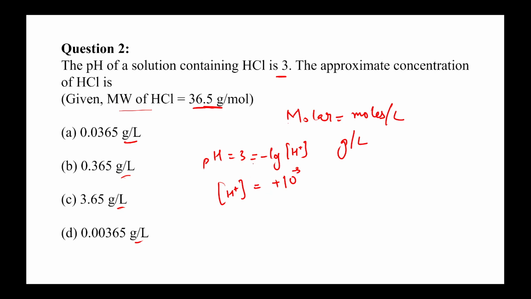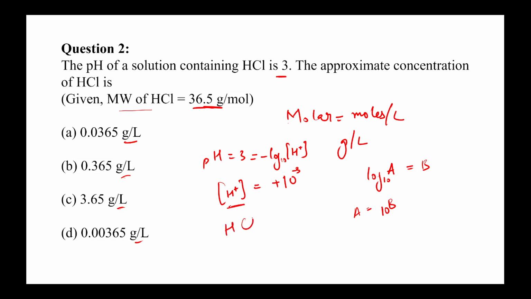Okay, so if you have log base 10 of A equal to B, you can also write it in the form that A is equal to 10 raised to the power B. Since this is minus log H plus ion concentration, this will become minus 3 and then 10 raised to the power of minus 3. So we found the H plus ion concentration.